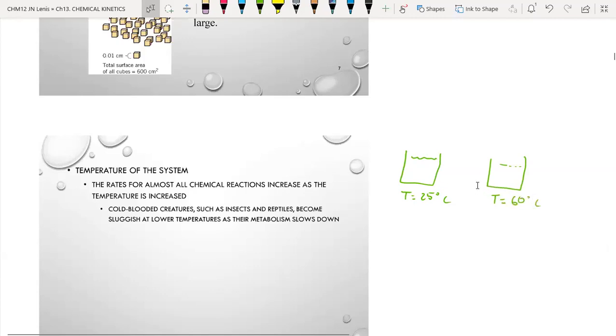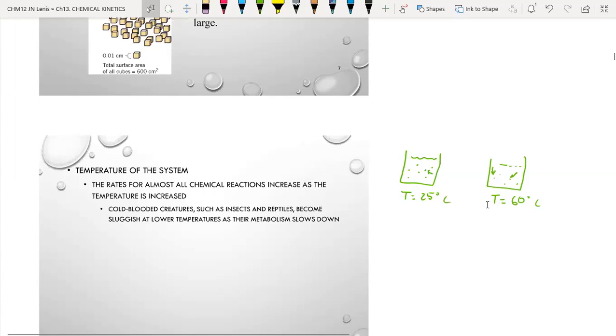For a particular reaction, these molecules have less kinetic energy than these molecules here. These molecules here are moving faster. So if they are moving faster, there's more frequency of collisions and more chances for effective collisions here.